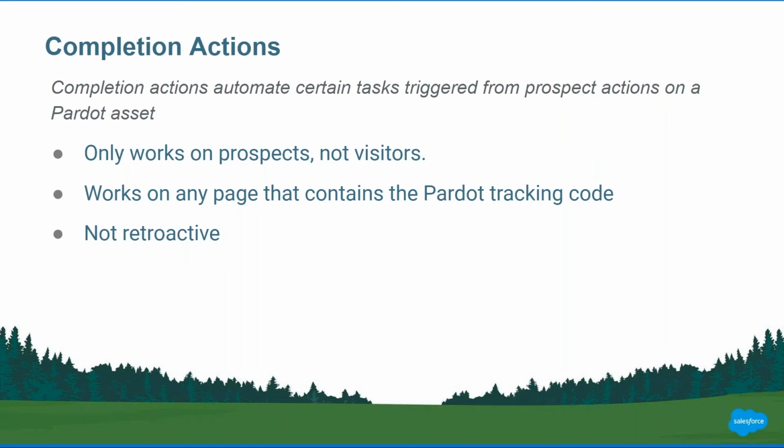It will only apply those actions to the prospects that opened the email after the completion action was active. So anybody who opened the email in the past, before the completion action was set up, won't trigger the actions of that completion action.